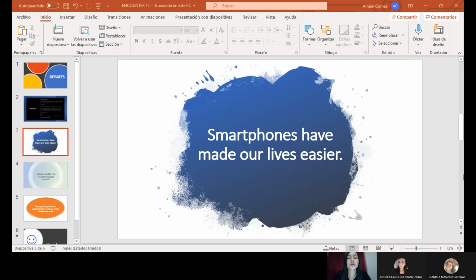If we lose it or our cell phone is damaged, we already want to die. So this brings many advantages such as connection, and it breaks space and time barriers. But if we don't use them carefully, it creates dependency.